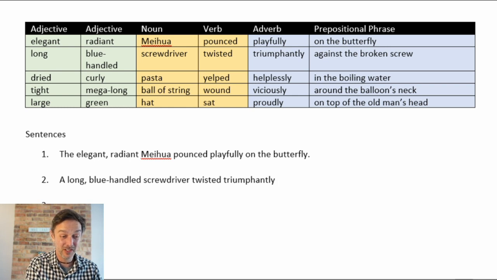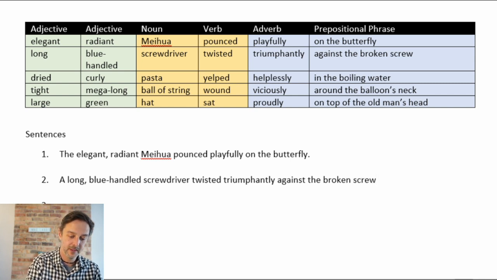Good alliteration, powerful verb, great adverb as well. A long blue-handled screwdriver twisted triumphantly against the broken screw. Full stop. I think that sentence is even better. A long blue-handled screwdriver twisted triumphantly against the broken screw. Bam!